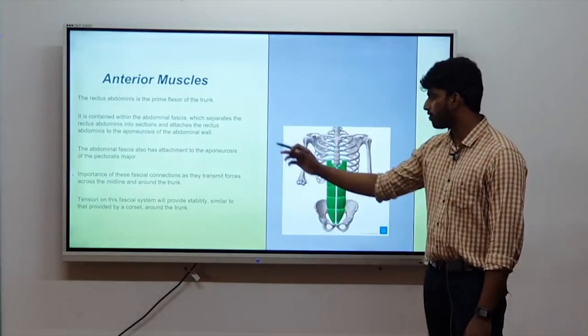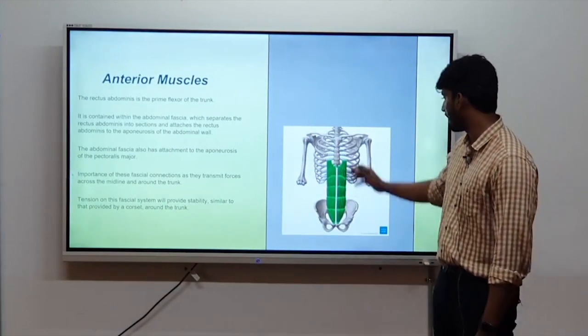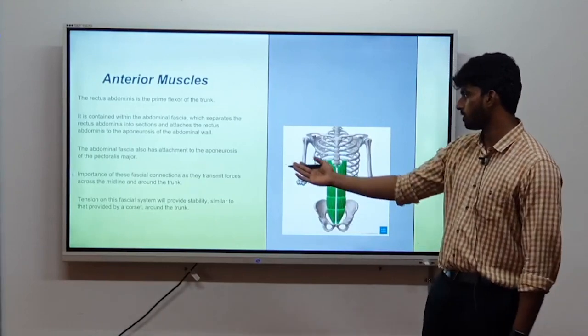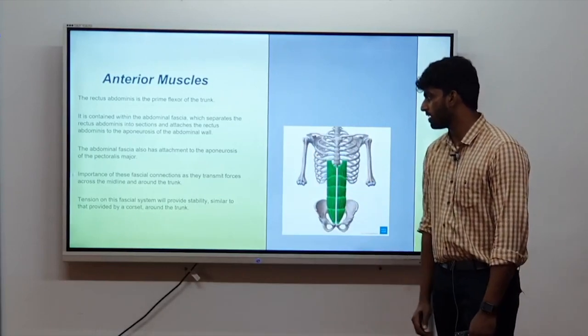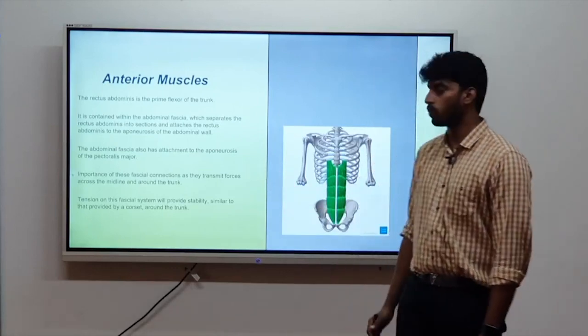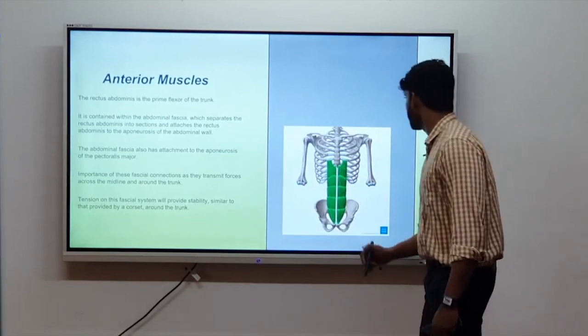The abdominal fascia also has attachment to the aponeurosis of the pectoralis major that I mentioned a few minutes before. The importance of this fascial connection is that they transmit the forces across the midline and around the trunk. I would like to underline this line also.